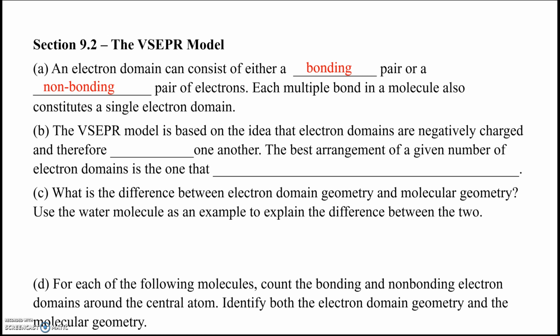All right, the VSEPR model is based on the idea that electron domains are all negatively charged and therefore they repel each other. And the best arrangement of a given number of domains is the one that minimizes the mutual repulsion between all of them. Once I can get that mutual repulsion to come into some sort of equilibrium, I have settled on a shape. And we'll take a look at all of these. There's quite a number of them.